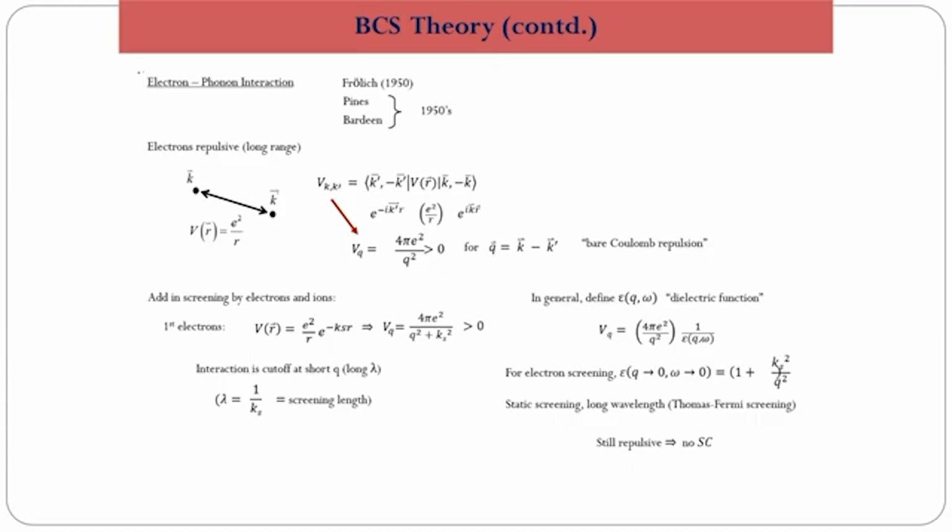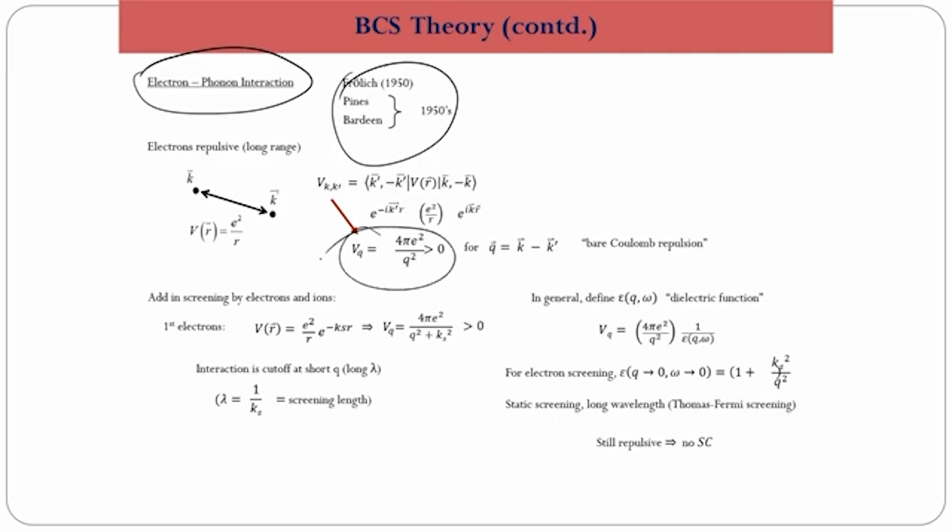It is because of electron-phonon interaction, which Fröhlich, Pines and Bardeen discussed, or rather discovered, in the 1950s. If you take the electron-electron interaction via a bare Coulomb term, which is the Coulomb term in k space, that does not give rise to any attractive interaction.